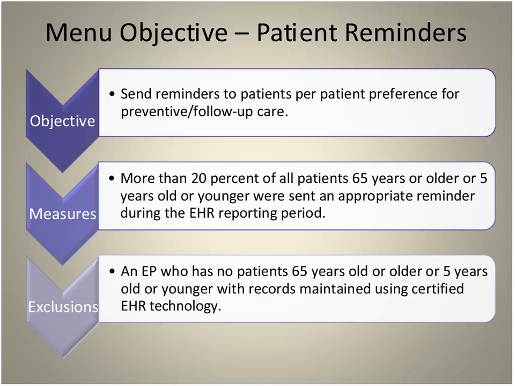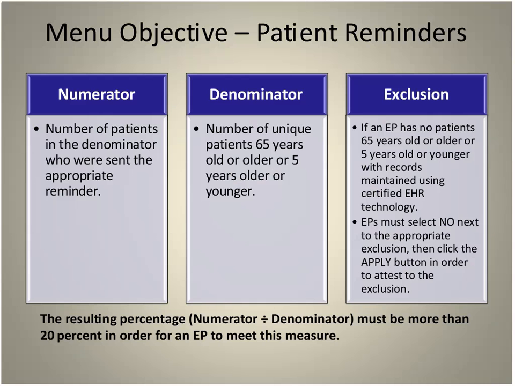Again, the initial year, that could be a 90-day period. Subsequent years, it could be 365 days. The exclusion would be an eligible provider with no patient 65 years old or older, or 5 years old or younger, whose records are being maintained with a certified EHR technology.